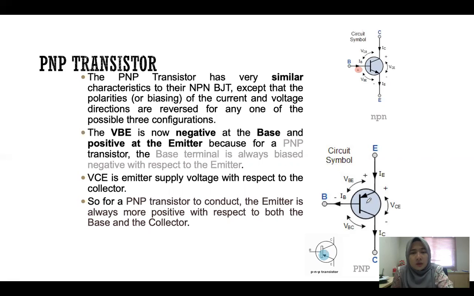Okay, so the VBE here is now negative at the base and positive at the emitter. Okay, reversed from the NPN. If you look at the NPN, for the VBE, the base is positive, but for the PNP, the base is negative.